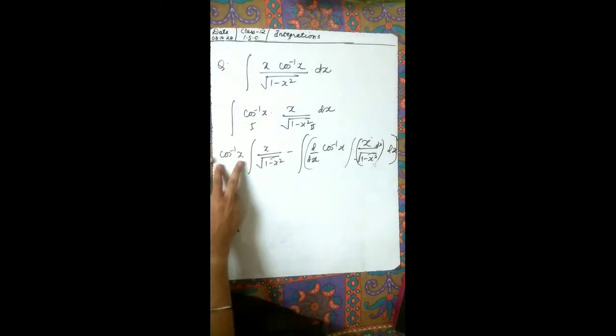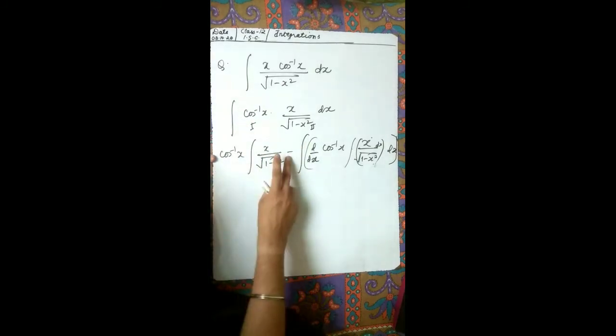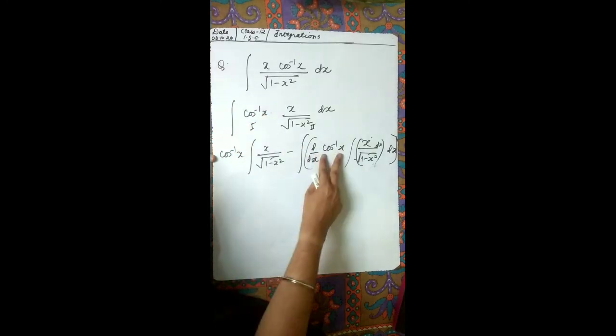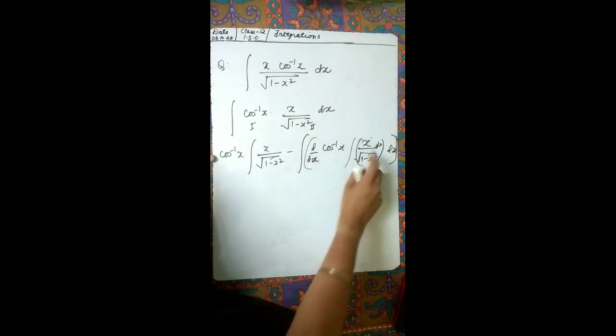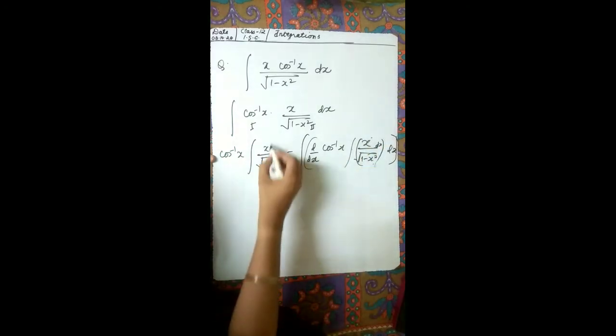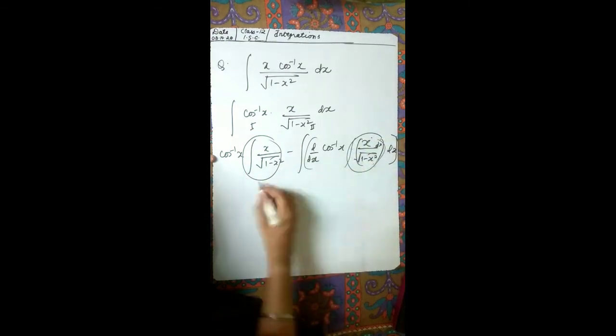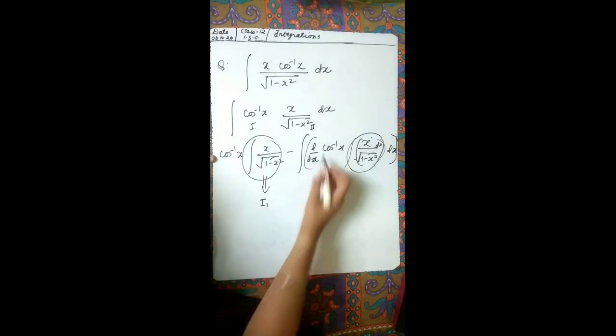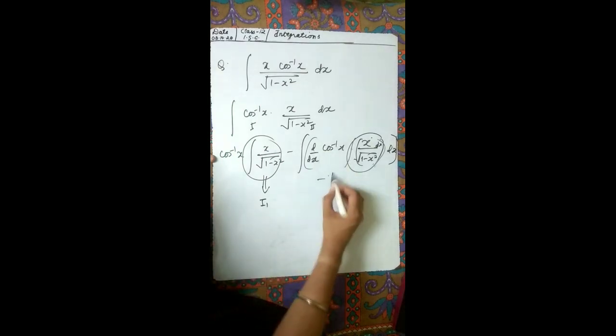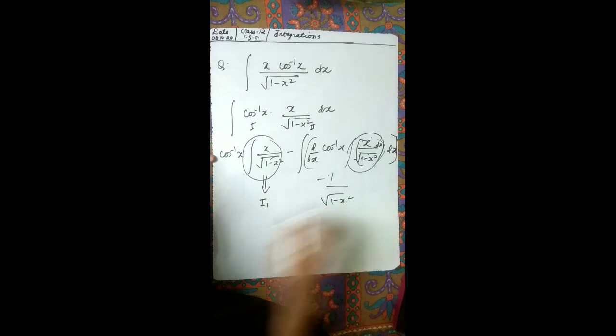First function as it is, integration of second minus whole integration of d dx of cos inverse x into integration of x upon under root 1 minus x square dx. Now you separately find the integration of this, considering it as I1. The differentiation of cos inverse is minus 1 upon under root 1 minus x square.